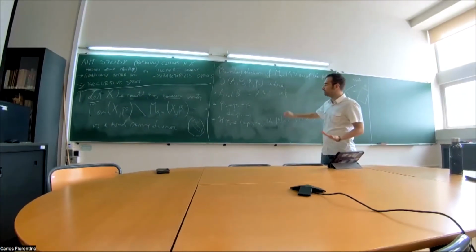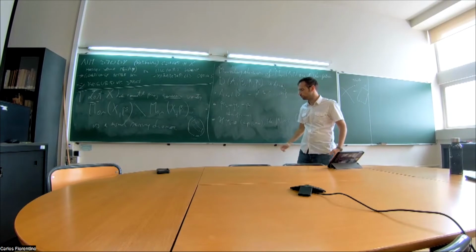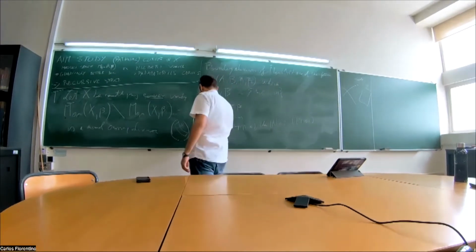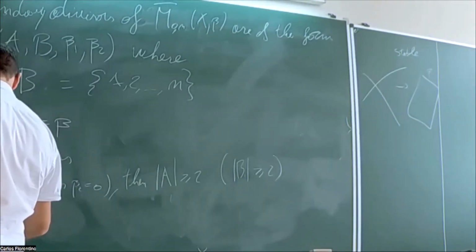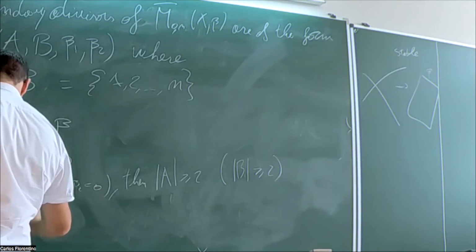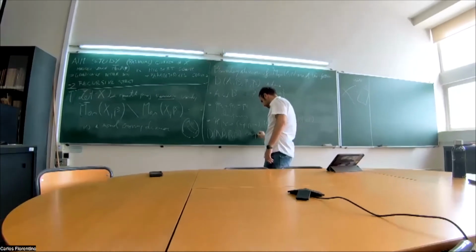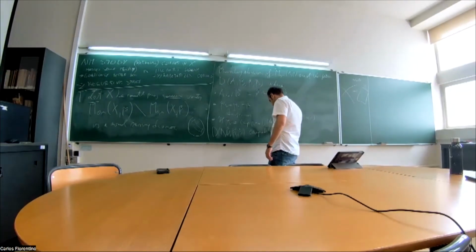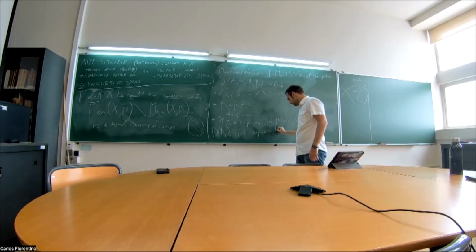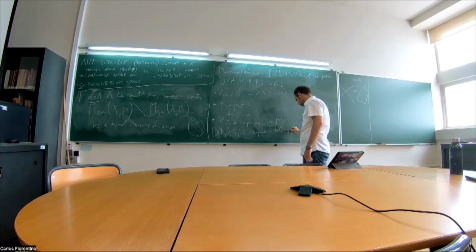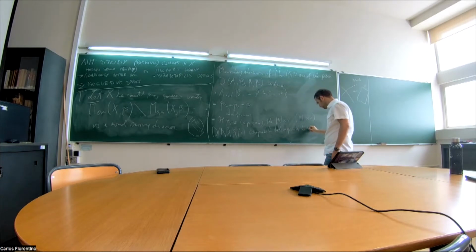So, what does this set with this condition correspond to? A, B, beta 1, beta 2 correspond to stable maps with two components.